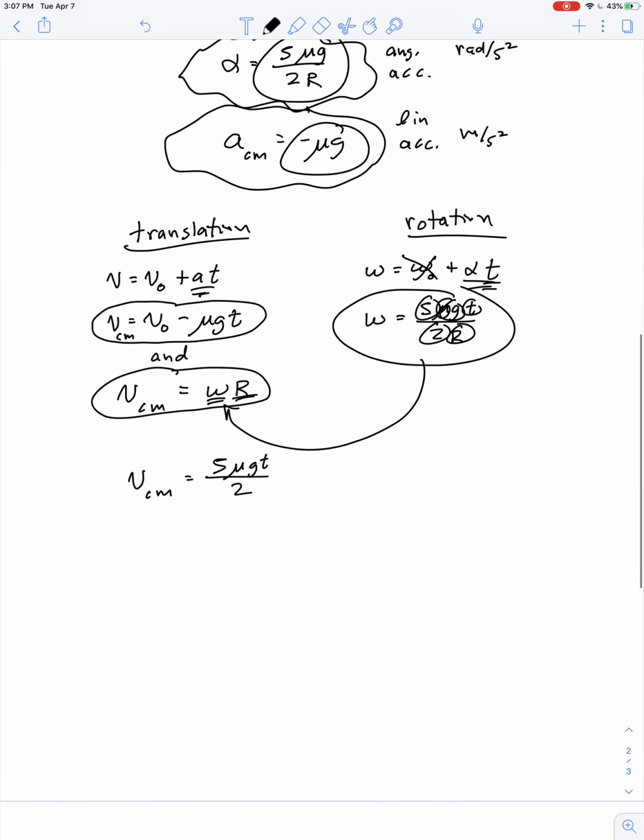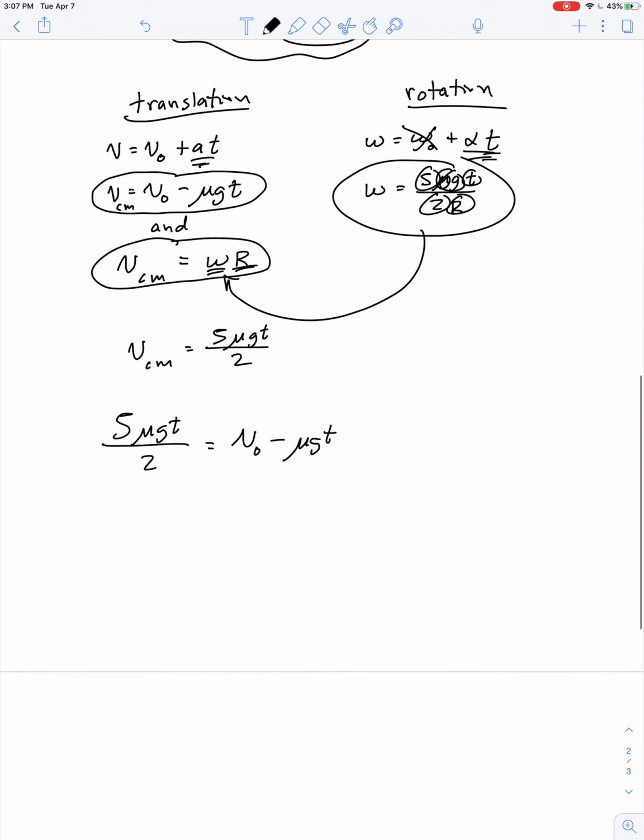So if that's the case, we have 5 mu gt divided by 2 equals v naught minus mu gt. So we'll add mu gt to both sides of the equation. So 5 halves plus 2 halves, what would that give us?